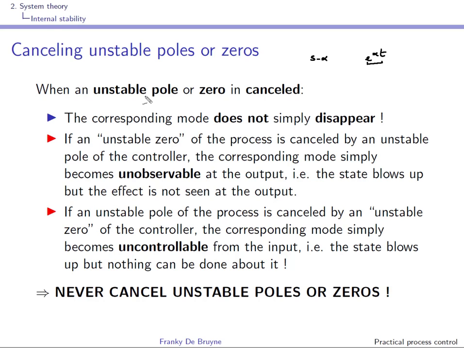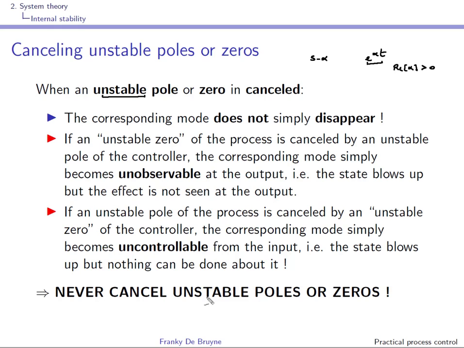But if the cancelled pole or zero is to the right of the imaginary axis, so that the real part of alpha is larger than zero, then this mode will be growing. It is not disappearing, and it's growing, so it will cause instability.